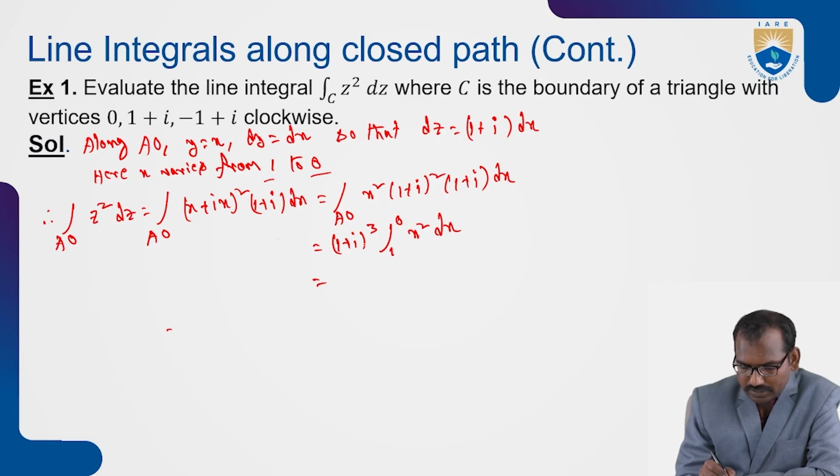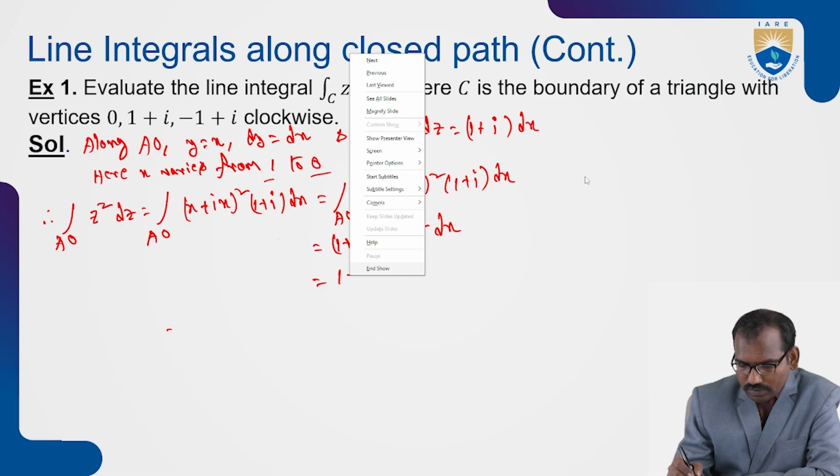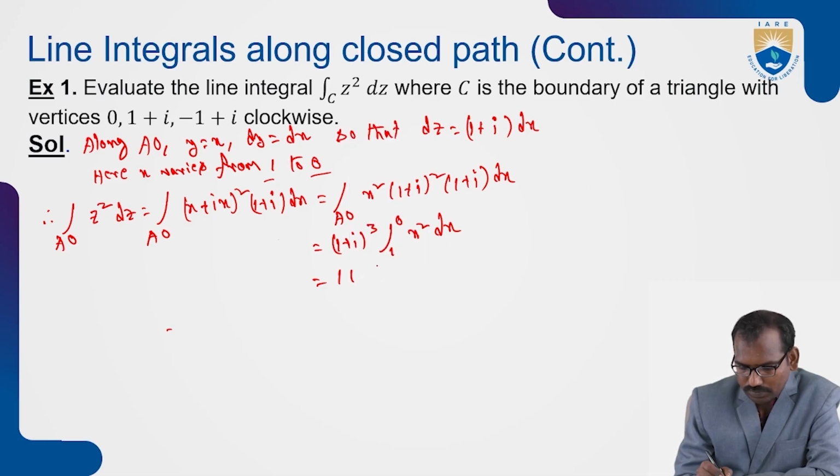Now you expand this. If you expand this, you will have 1 plus 1 plus 3i minus 3 minus i, the binomial expansion of (1 plus i) whole cube.